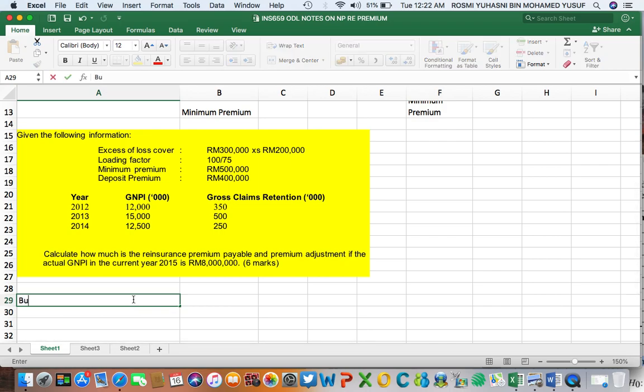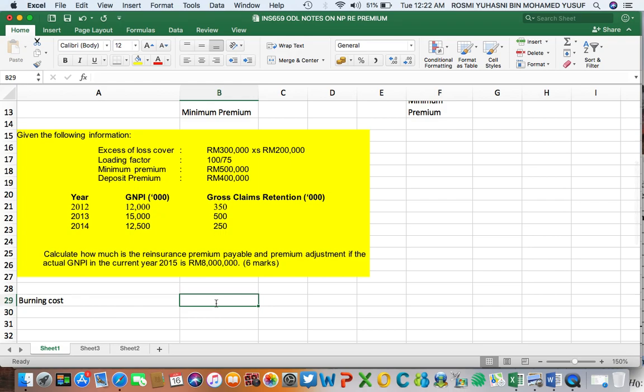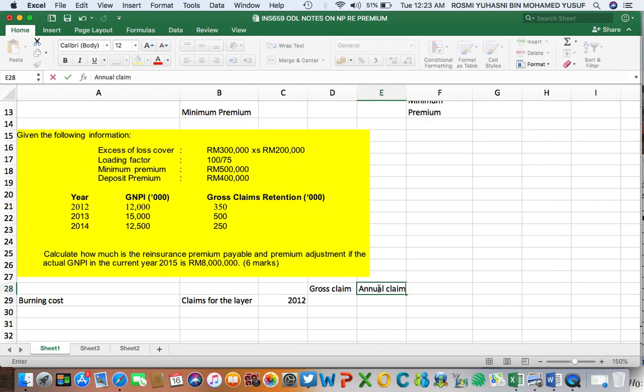First, you want to calculate the burning cost. Remember, in order to calculate the burning cost, you need to find the annual claims for the layer.